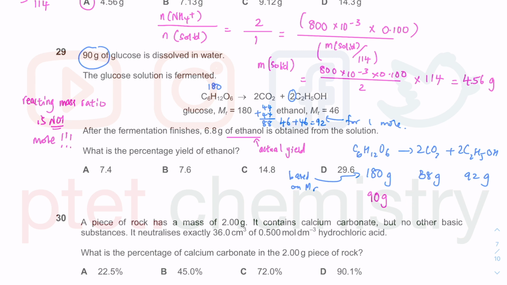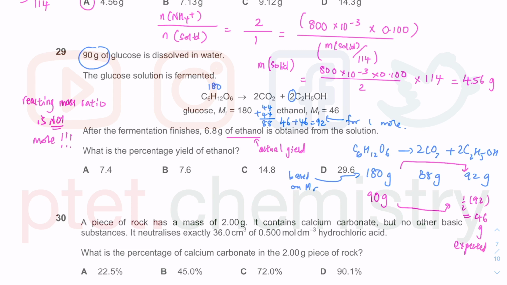So this is actual. If you have 180 gram, you get 92 gram there. If you have 90 gram there, you're going to have half of it. So you're going to get half of that 92, because you're using half the amount of glucose there. So 0.5 times 92, you will get 46 gram. This is expected.